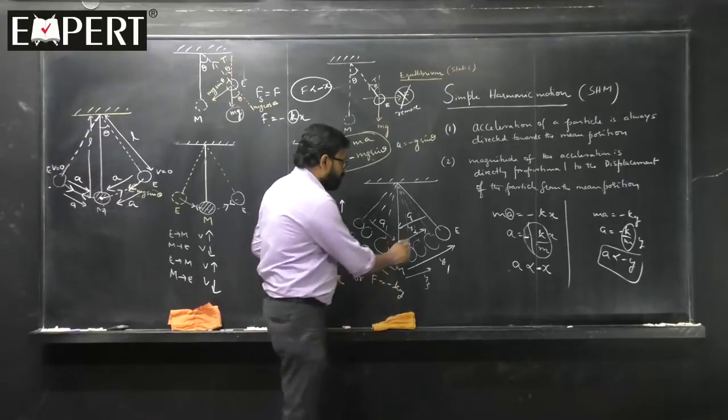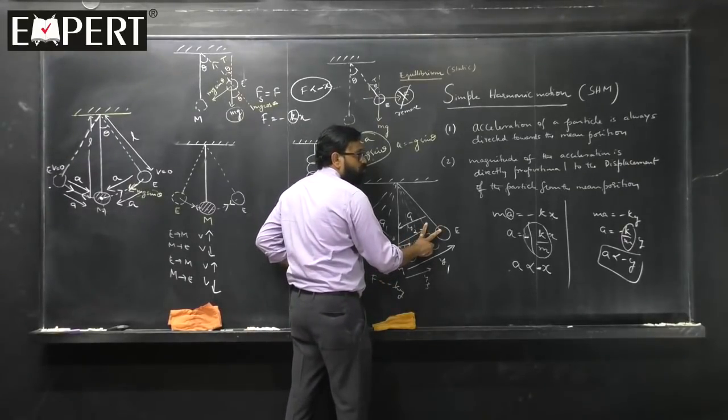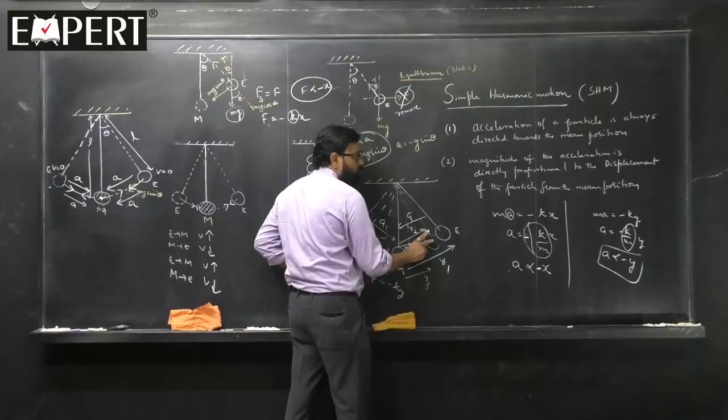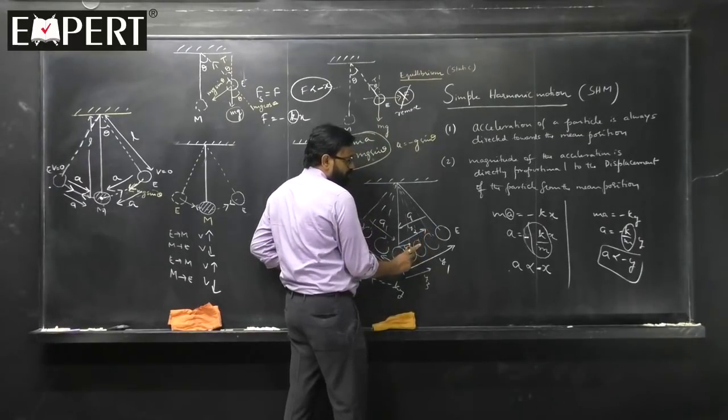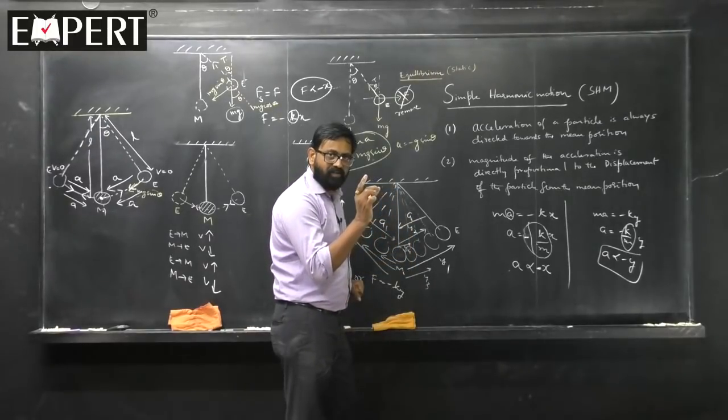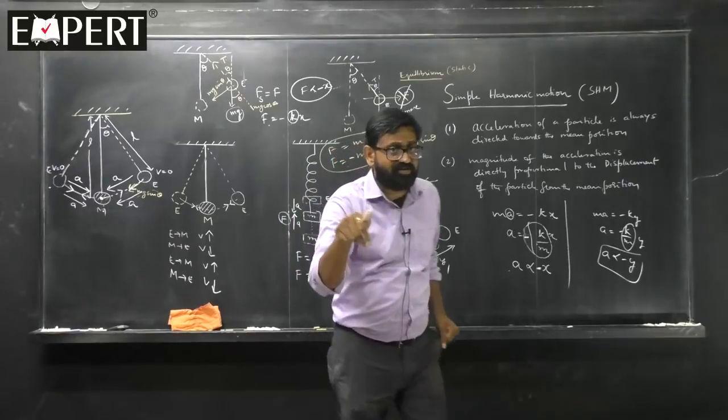Displacement is measured from the mean position. When the bob keeps on moving towards the mean position, its displacement goes on decreasing. See, y1, y2, y3, y4 goes on decreasing, no? When the displacement is decreasing, even acceleration g sin theta is also decreasing.